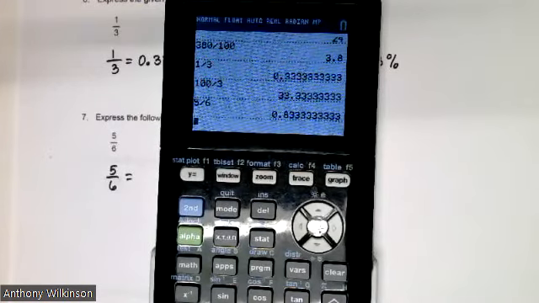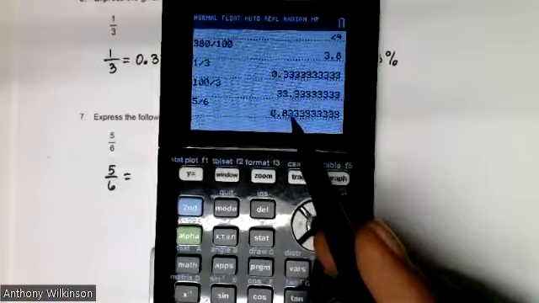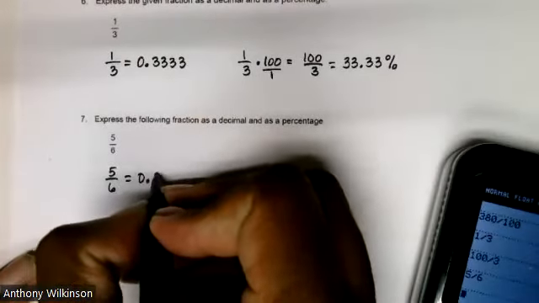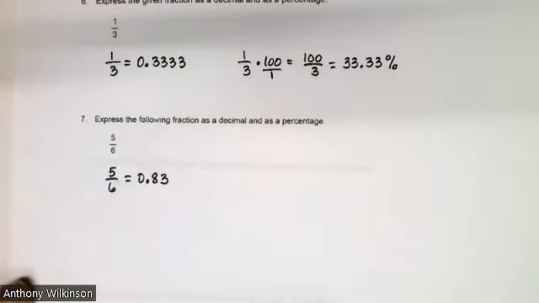And let's say here we want to round to 2 decimal places. So 0.833 to 2 decimal places will be 0.83.